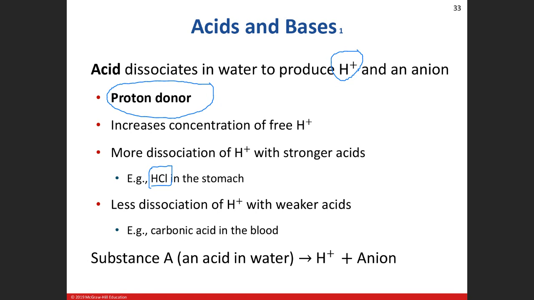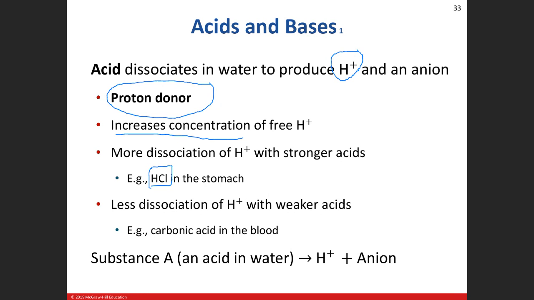If we dump a bunch of acid into a solution, it'll spontaneously break apart, and it'll increase the concentration of all these free hydrogen ions floating around.